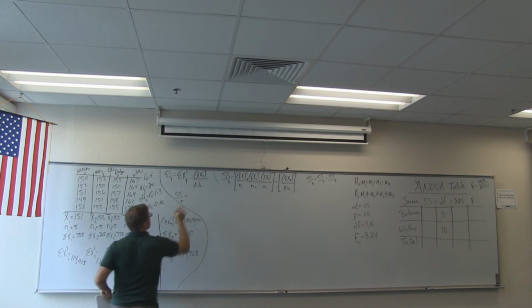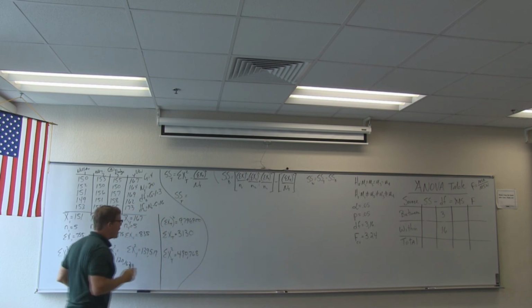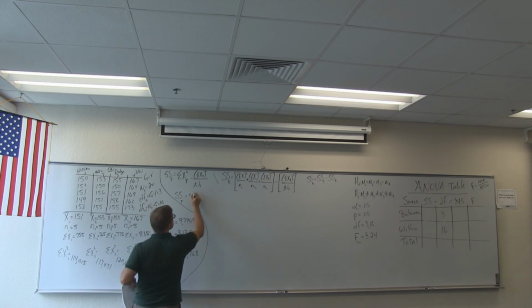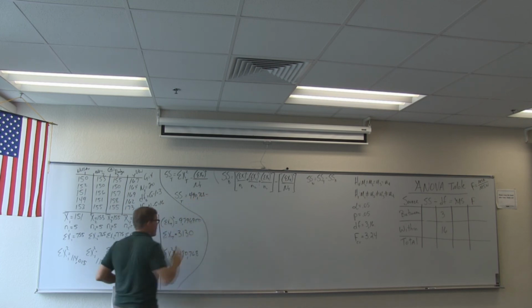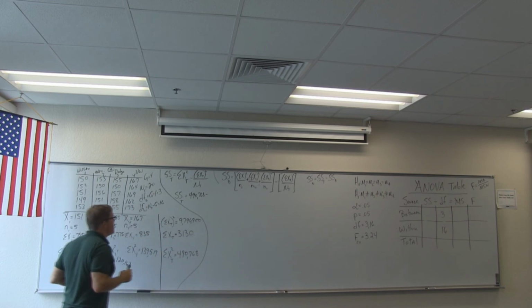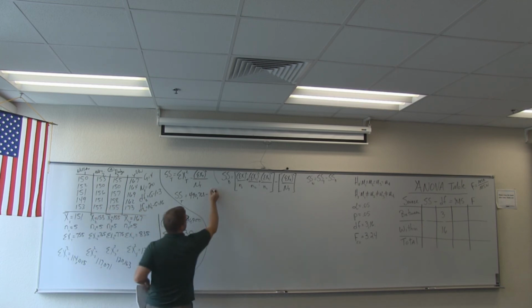Sum of squares total is the sum x squared sub t, 490,768, minus the sum x sub t quantity squared, 9,796,900, over the capital N sub t of 20.